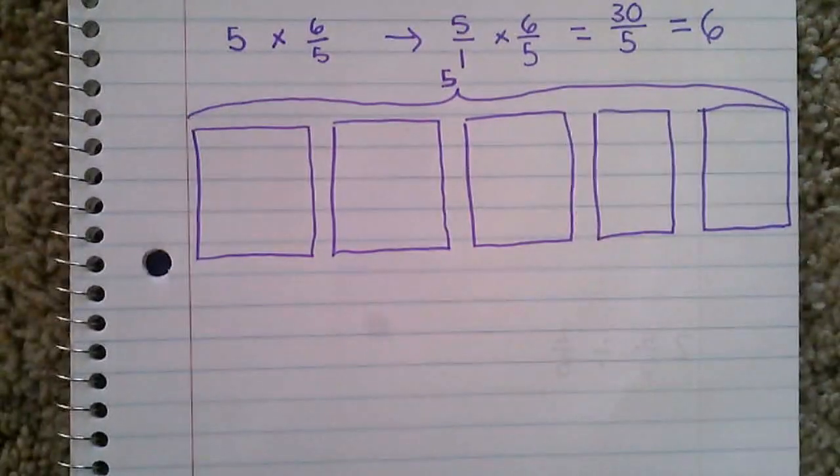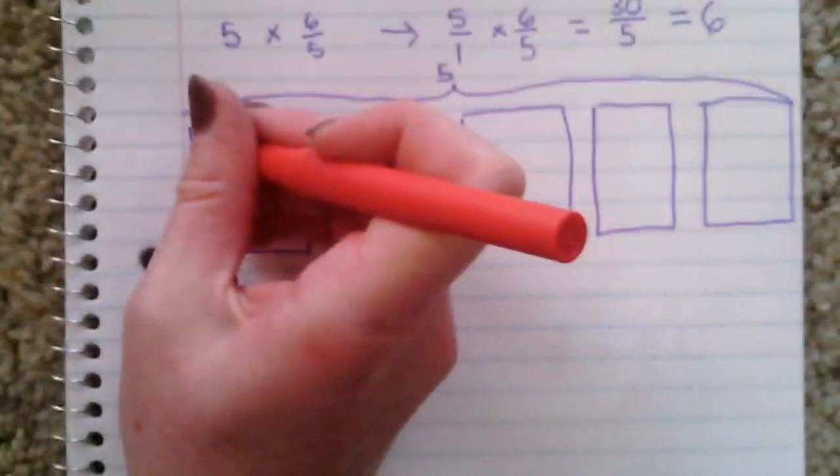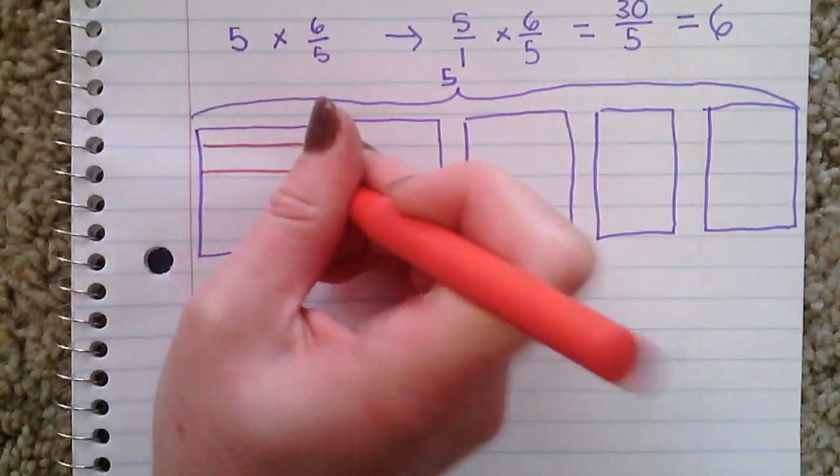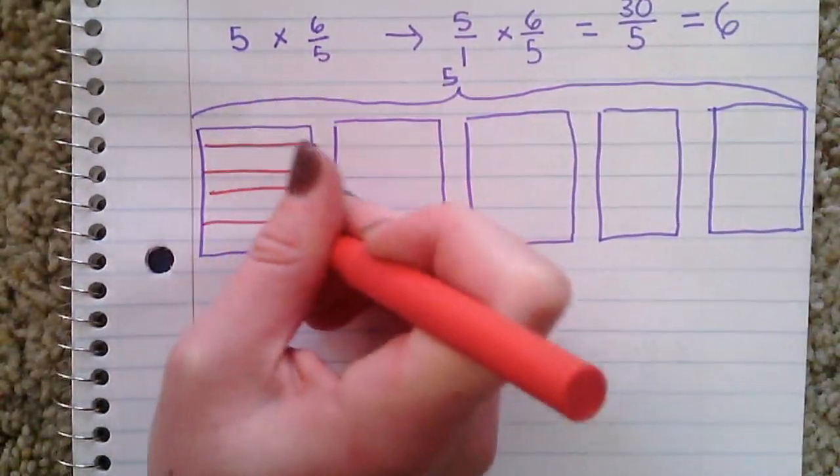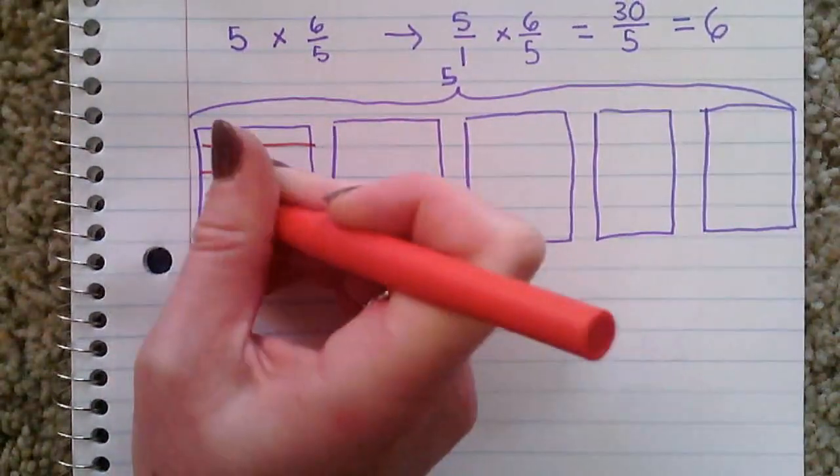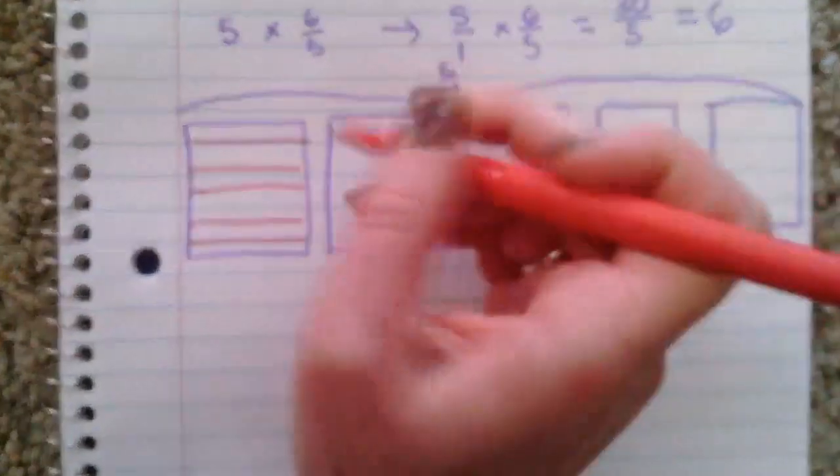Now I need to cut them into sixths because I'm trying to find groups of 5/6. So 1, 2, 3, 4, 5. So 5 lines will get me my 6 boxes.